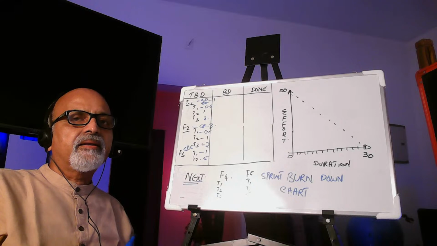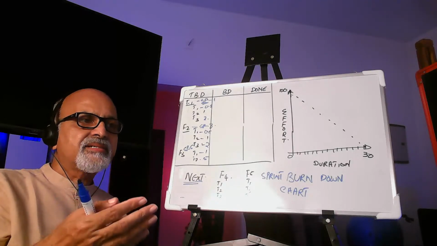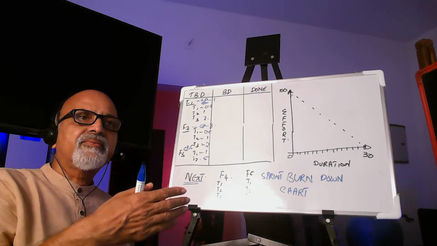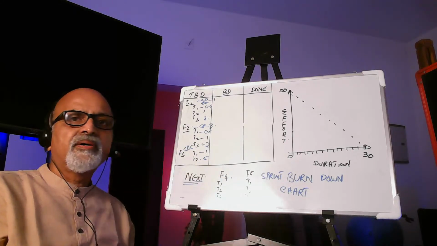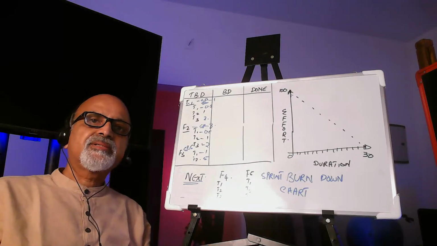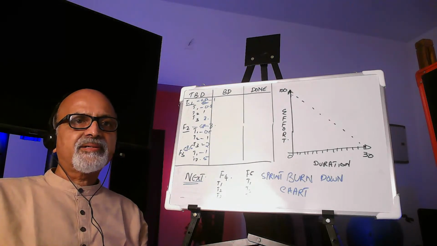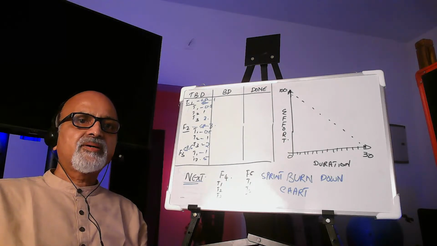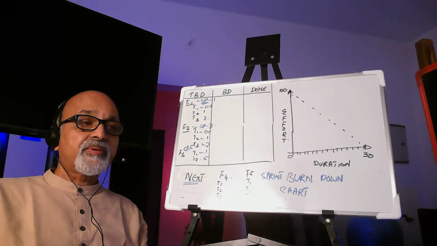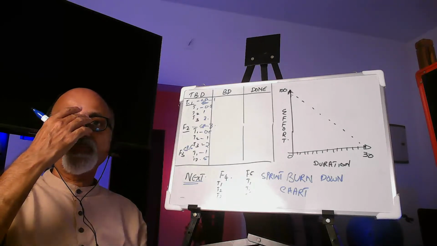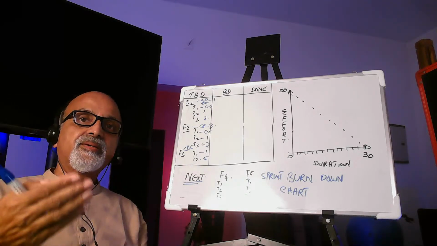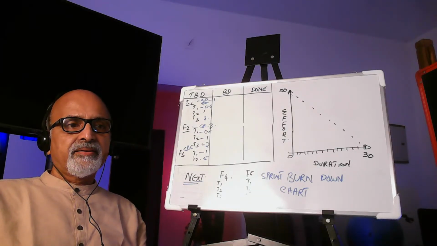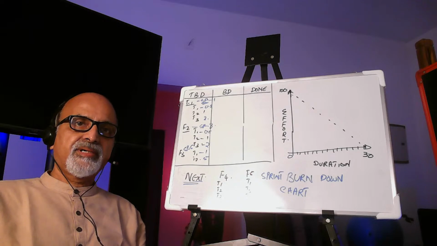In the upcoming sessions, I'll give a detailed walkthrough of burn down charts, because there are different types. One is the sprint burn down chart, which is primarily used by developers to assess the progress of the sprint. Then we have the release burn down chart.